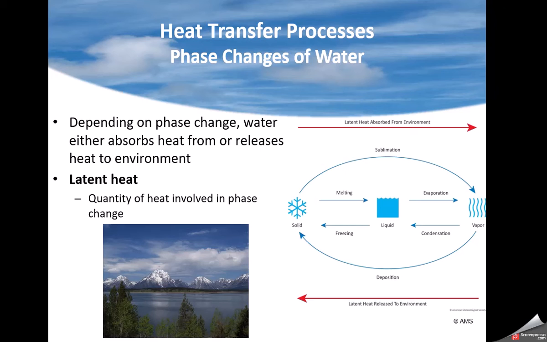Now, go the other way. If you go from a liquid, say you have a rainy day, you have all these puddles on the ground, or you've had several days of rain, the sun starts heating it up. What happens? The sun's energy is going to go into evaporation. Well, that's going to keep the air cooler because evaporation is a cooling process.